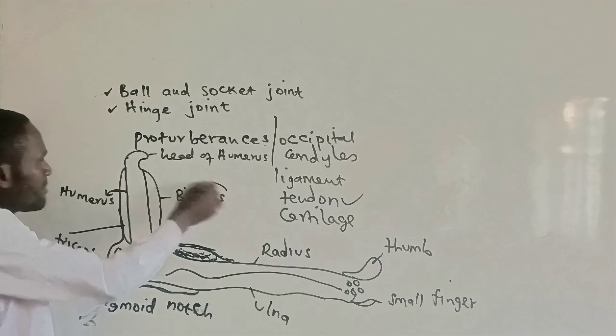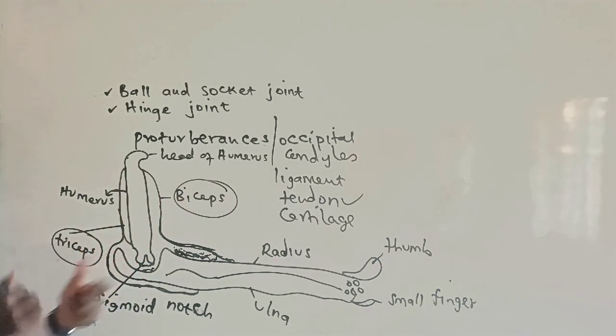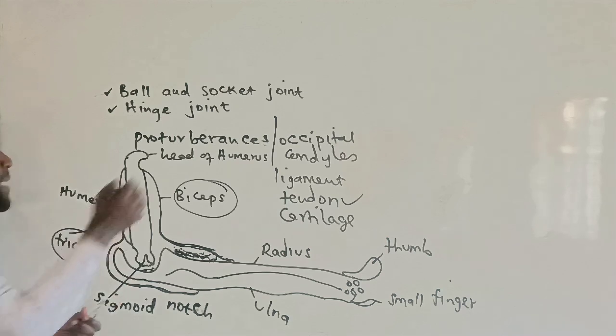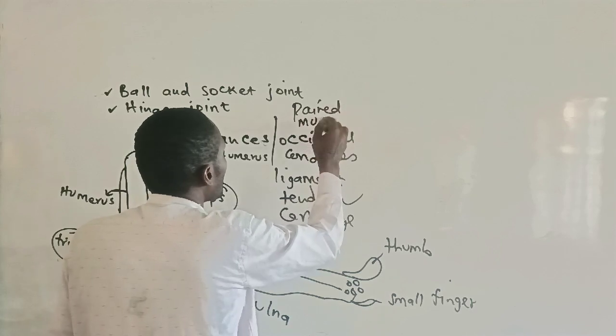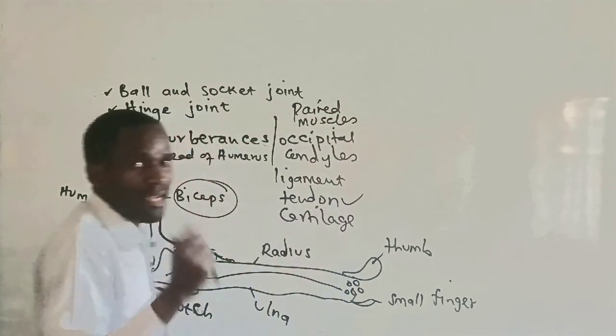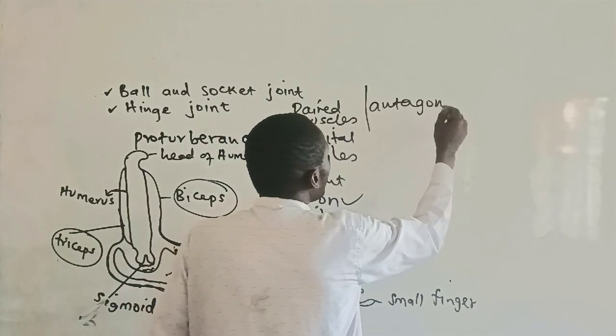So biceps and triceps are examples of muscles. Such muscles that are found at the joint are called paired muscles. Paired muscles always occur in a pair, and they are also antagonistic.